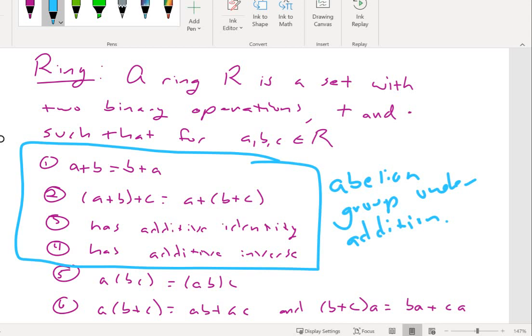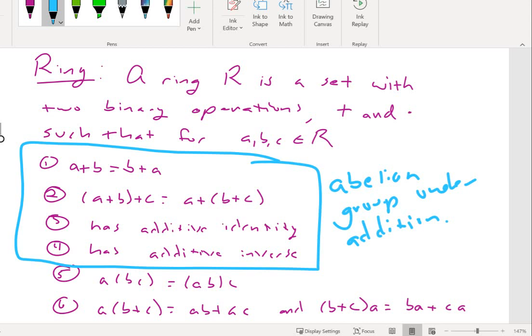It's associative, and we have the distributive property. There's nothing that says we have a multiplicative inverse. There's nothing that says we have an identity for multiplication. There's nothing that says anything about multiplication other than it's associative and we have the distributive property. So we're adding the second binary operation, the multiplication, and we're adding these two conditions to the structure we already have.